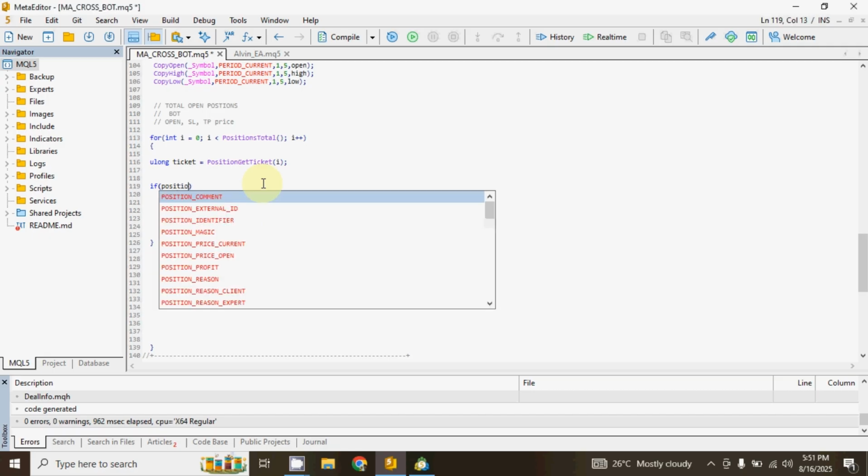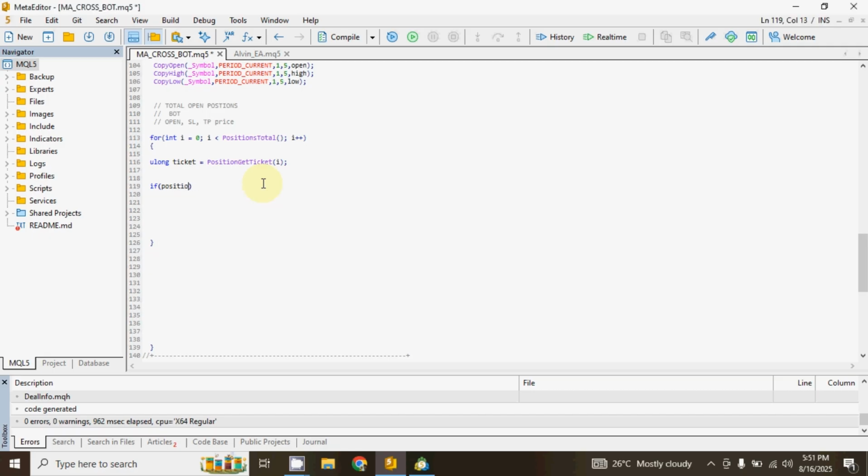Use the if statement and use the function PositionSelectByTicket, then input ticket, which means any position that is selected with this ticket. Using this ticket, what should the bot do? The bot should check the magic number of that particular position.